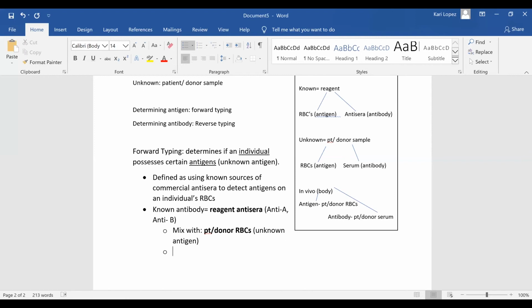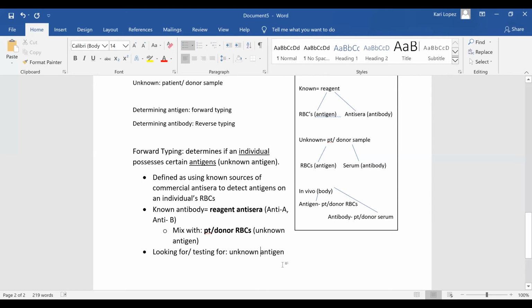Now we need to know what we are looking for. We're also testing for antigen. And anytime you're looking or testing for something, that's going to make it an unknown.